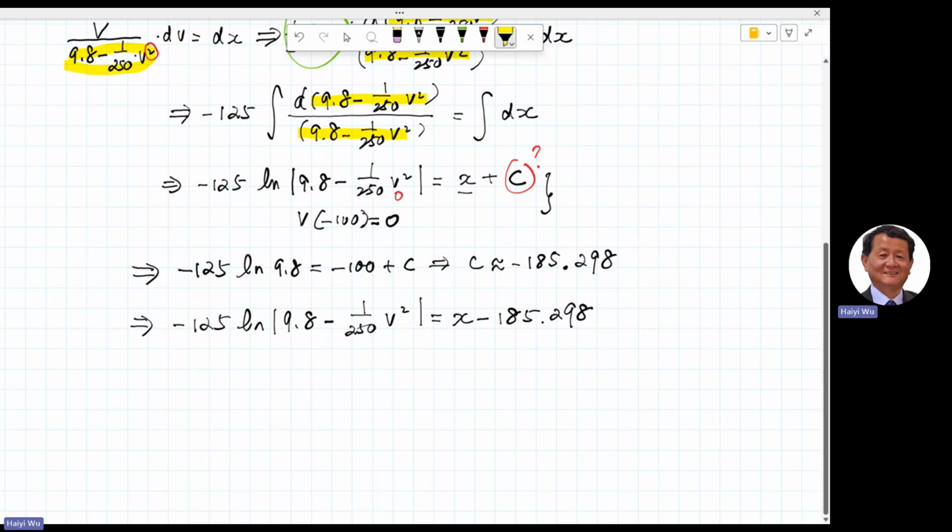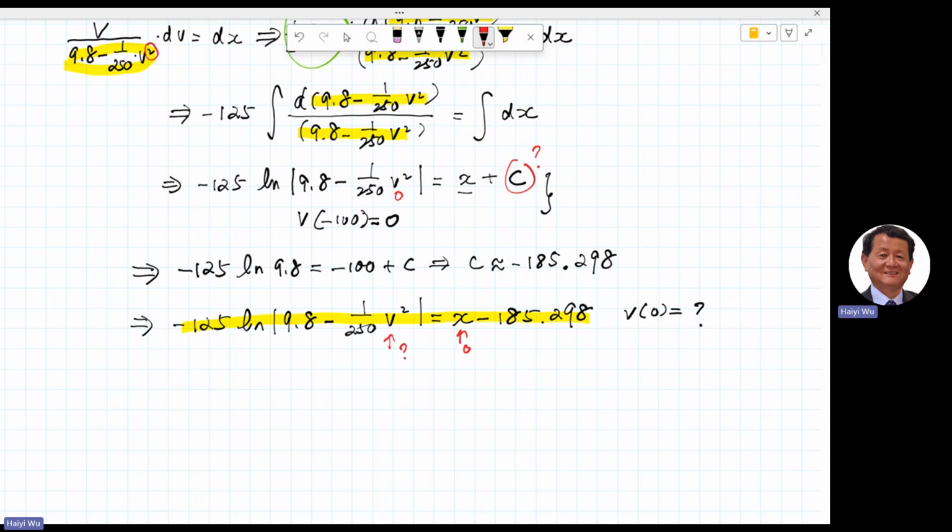So that's my relationship between velocity and x. Now we're going to find a velocity. What is the velocity when x equals 0? I'm going to replace x with 0, then find what v is.